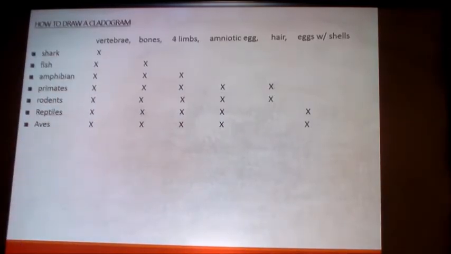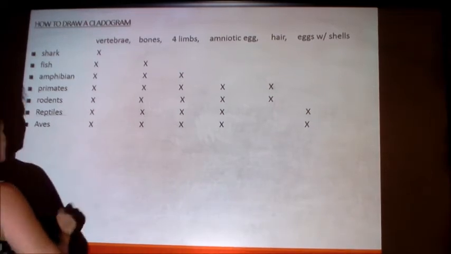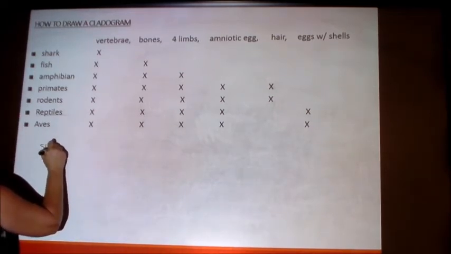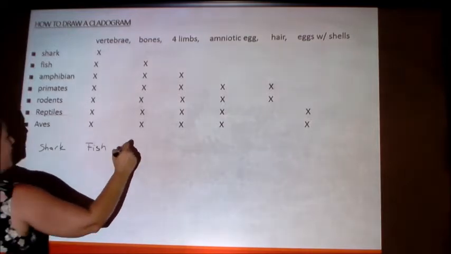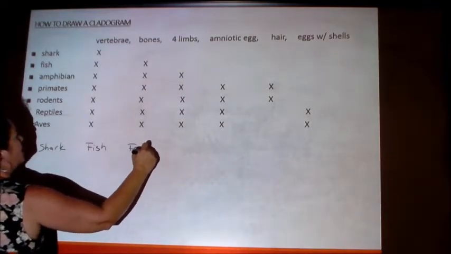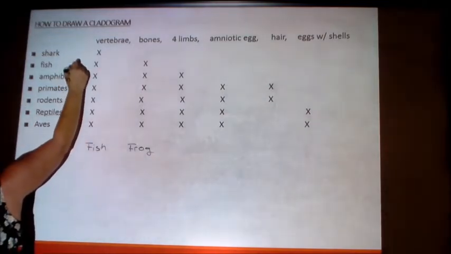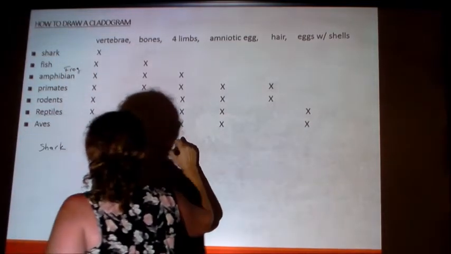So let's build one. You're going to have to draw a cladogram and tell me where these traits show up. So the first thing we have is a shark. Then we have fish. Then we have amphibians, so I'm just going to write frog. Okay. Then we have primates.